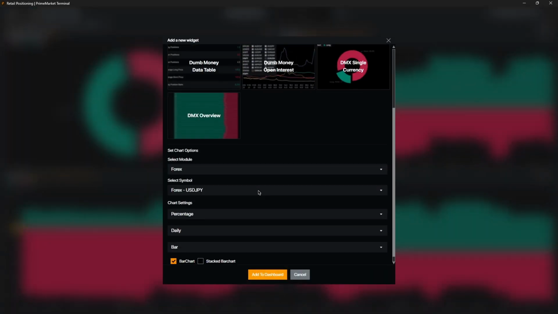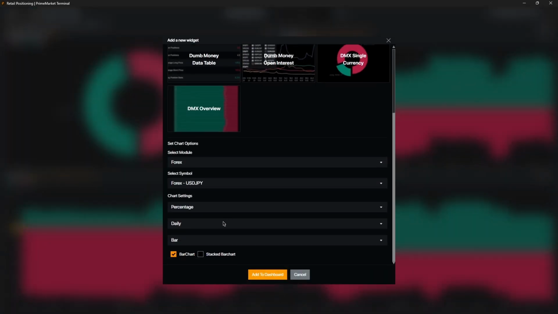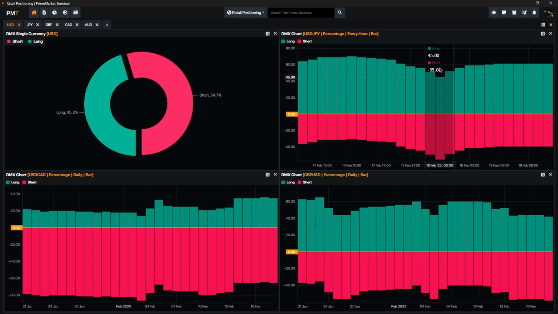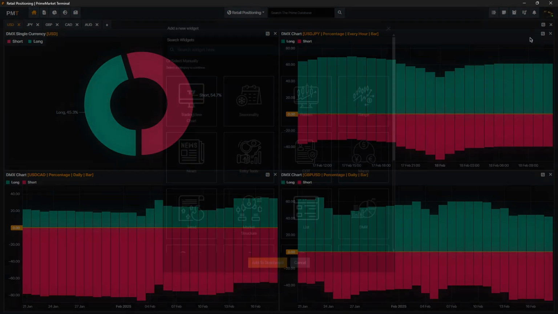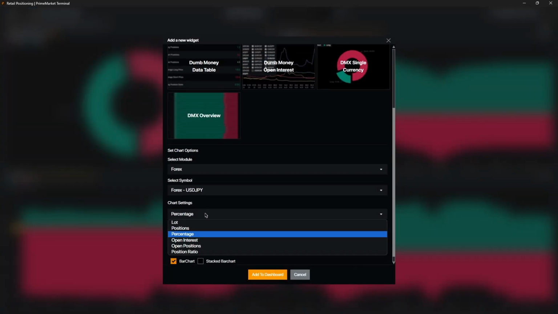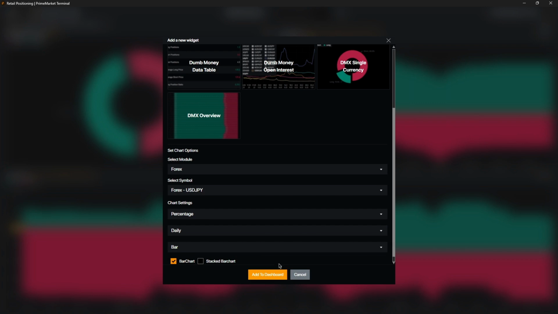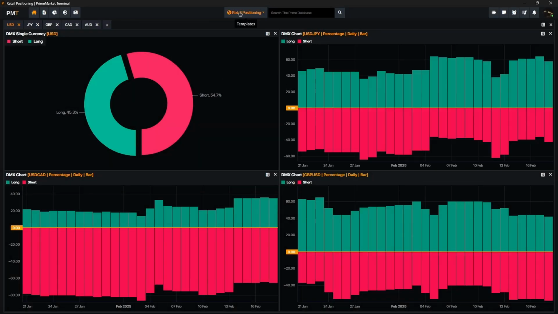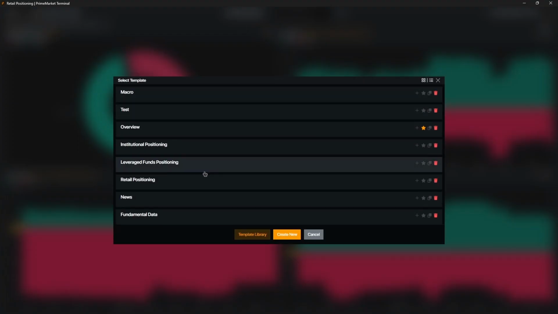If you're a short-term trader, like you hold trades for just a few hours, you can maybe come in here and go on every hour, so you see how retail traders are positioning for every hour, and then you just basically go against this, I guess. But as I said, I don't use this feature much again, because it's simply just showing when retail traders are going against a trend. So that's retail positioning.